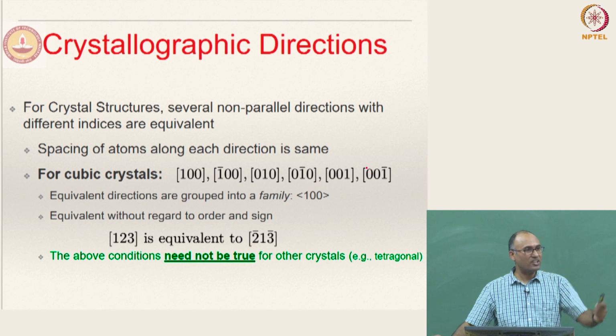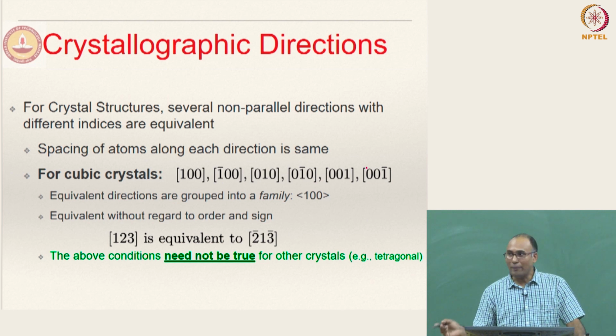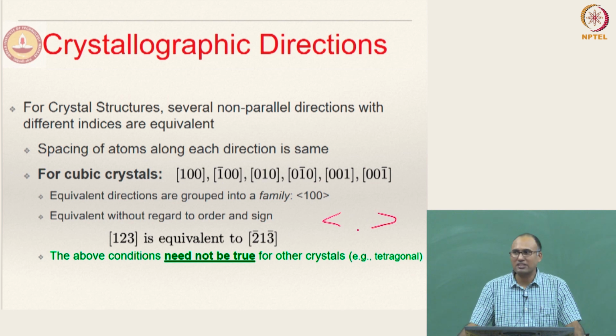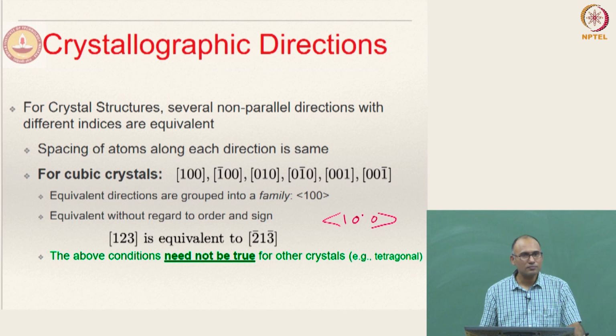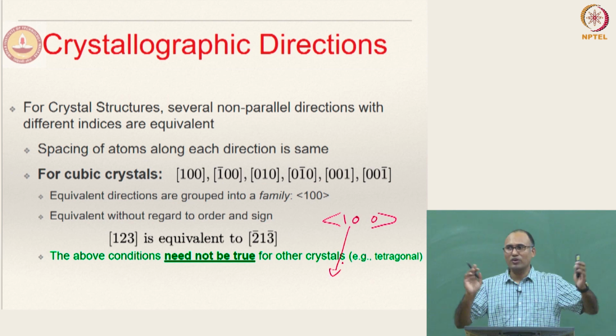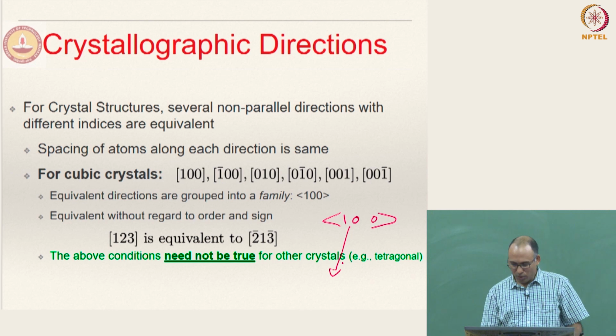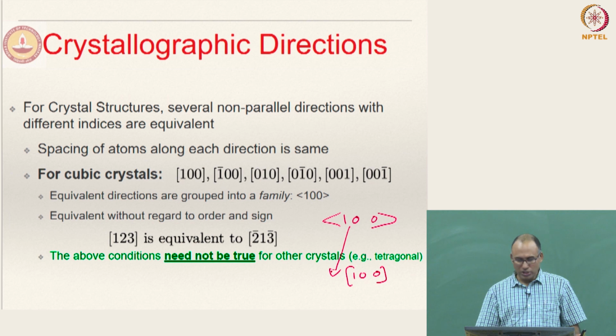And if you want to represent a family, the family of these crystallographic directions are represented by these brackets. And when you write 1 0 0, this actually means all permutations and combinations of 1 0 0. You need to have only 2 zeros and 1 one. That's all it means.